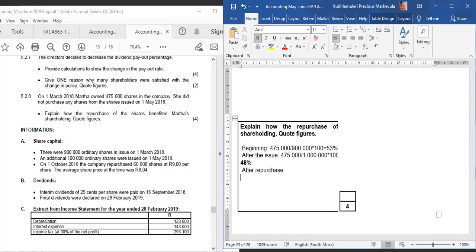And then we go to the after repurchase. After repurchase, so now we have 475,000. How many shares were repurchased? 60,000, which means now we have only 940,000 shares in issue, right? Times 100.